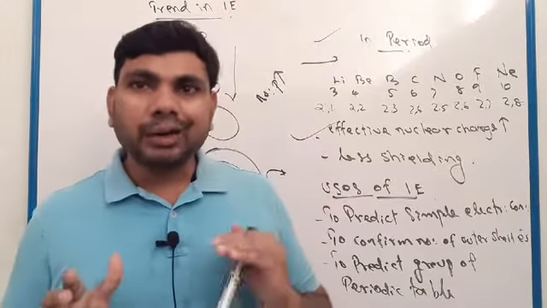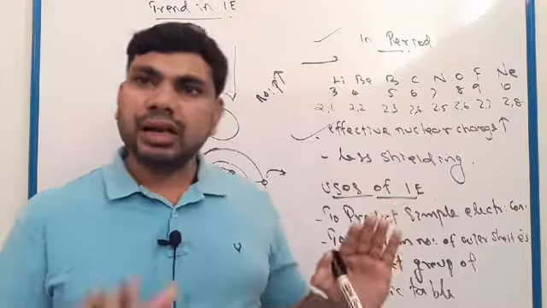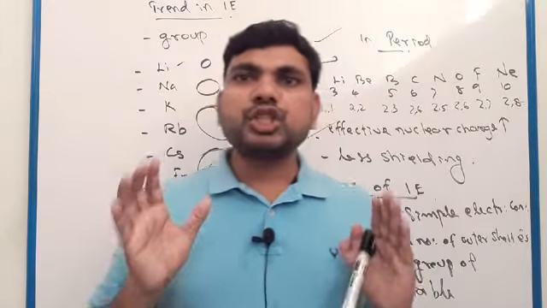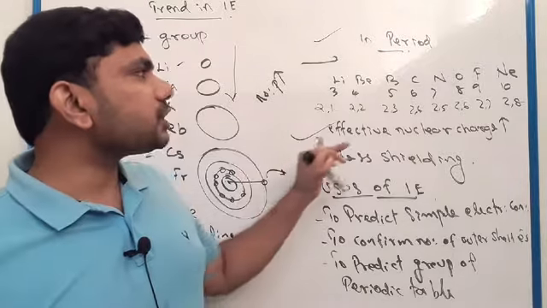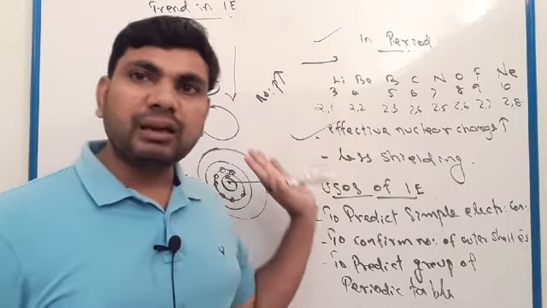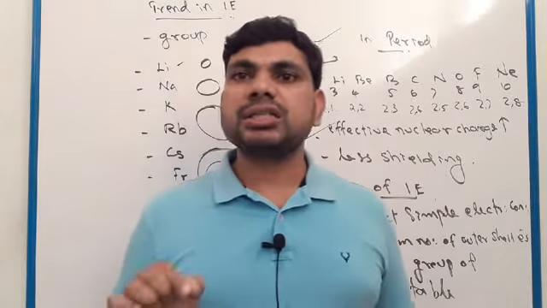So generally ionization energy increases from left to right. There are exception cases we will discuss later, but generally we can say ionization energy increases in a period from left to right, because effective nuclear charge increases.